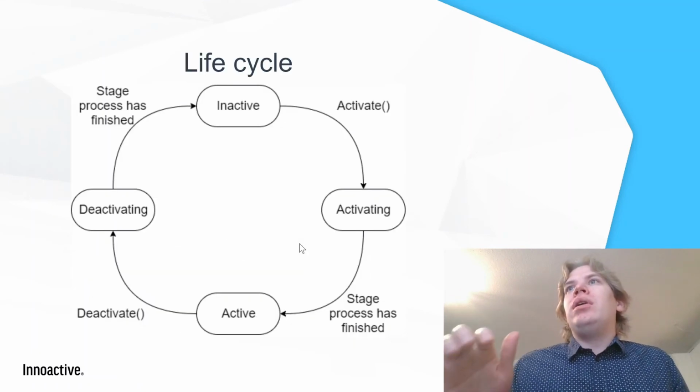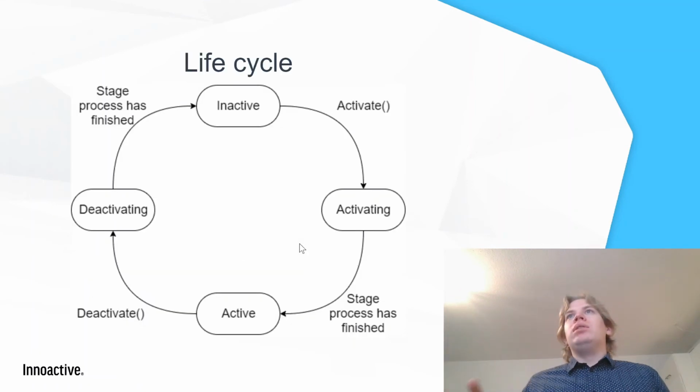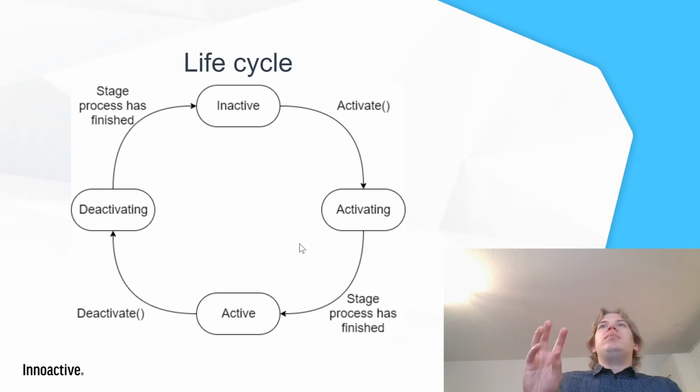So let's jump back and talk about how we decide when we go from one stage to another. For going from inactive to activating and from active to deactivating, it's very simple. We wait for our parents to tell us to do so.